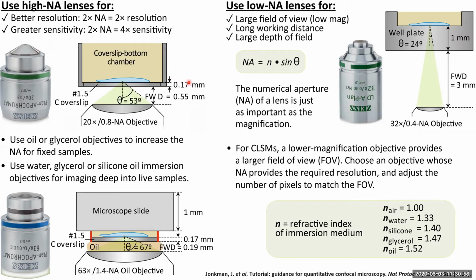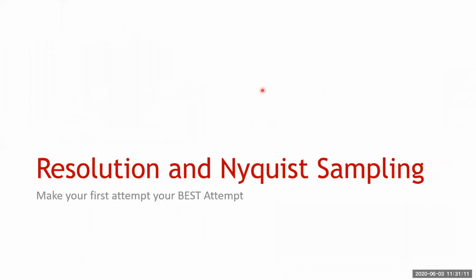So just think about what you need. If you don't need intracellular resolution and tiny detail, and you just want to see where the cells are, then just use a low NA lens. No point going crazy, right?